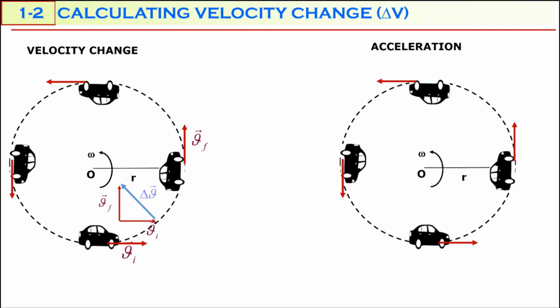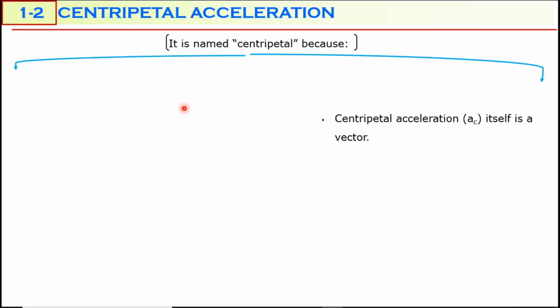And if delta V is pointing to the center, acceleration also must point to the center. Centripetal acceleration always points to the center of the circular path. That's why it's called centripetal acceleration. It is a vector quantity and its direction is towards the center of the circle at any instant.